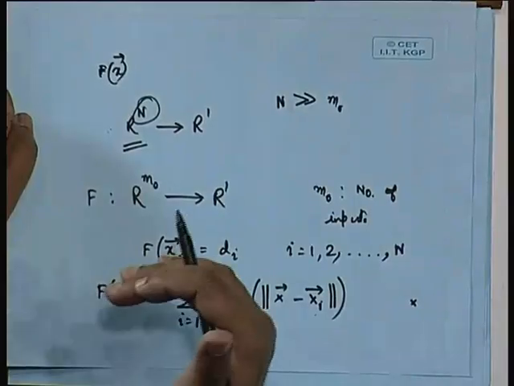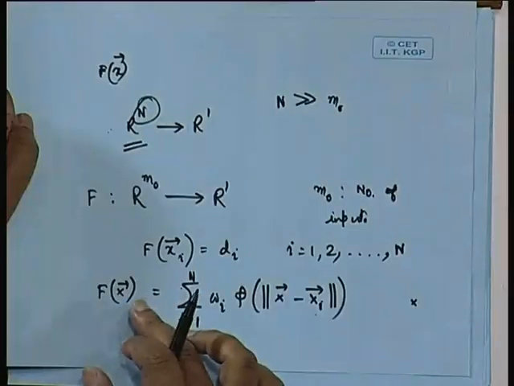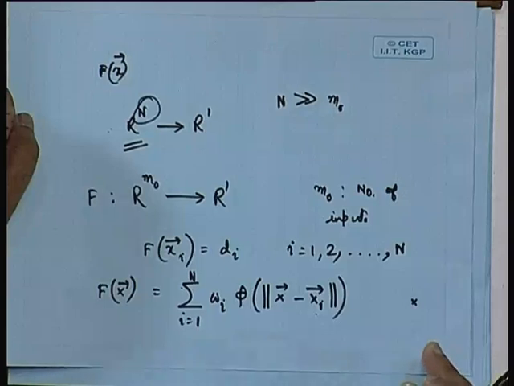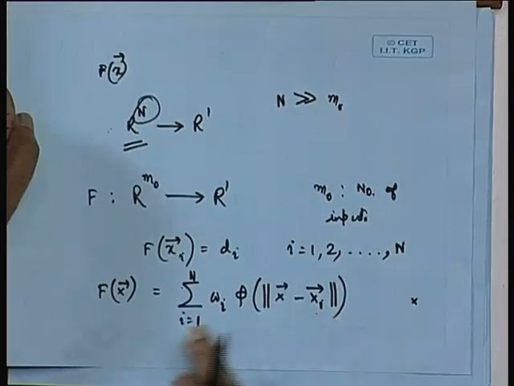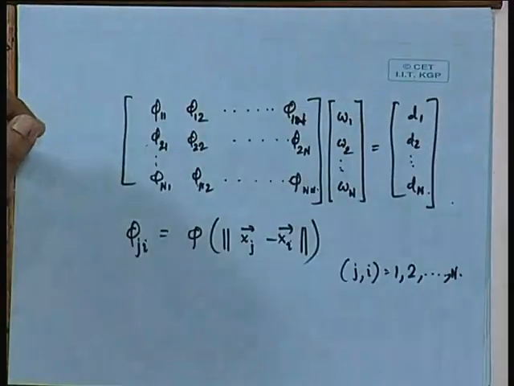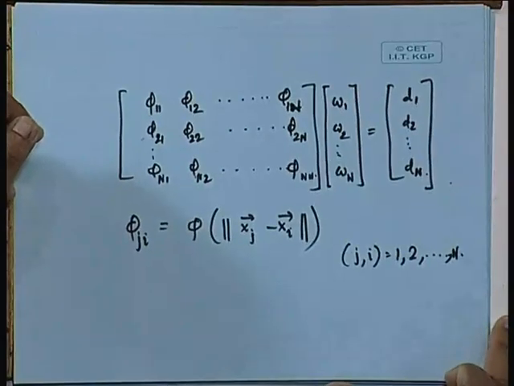And similarly, while computing f(x2) we will have x2 minus x1, x2 minus x2, x2 minus x3, like that. So, in a sense, we are making this computation n number of times.